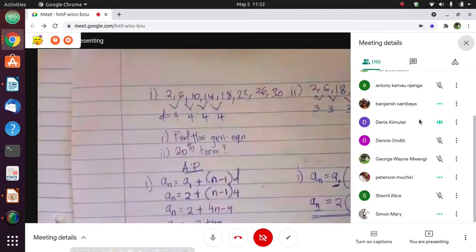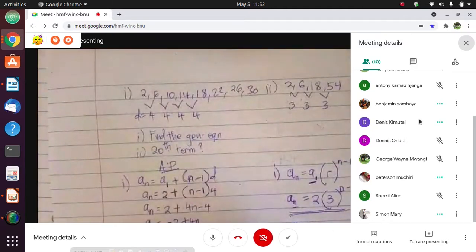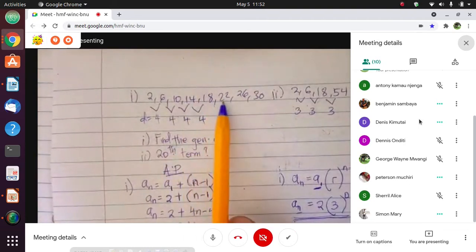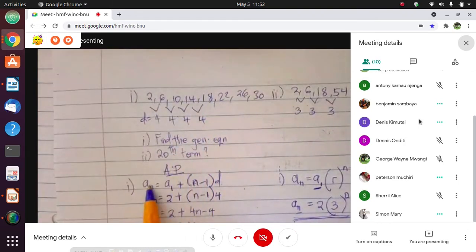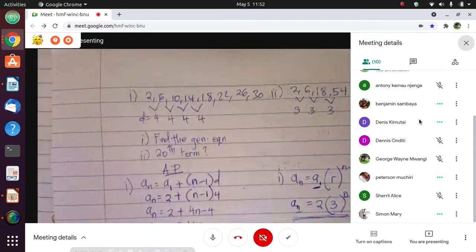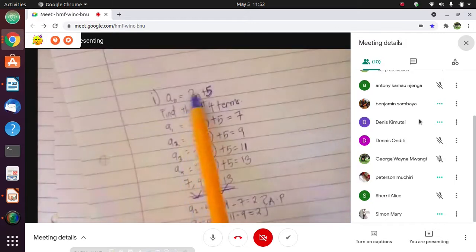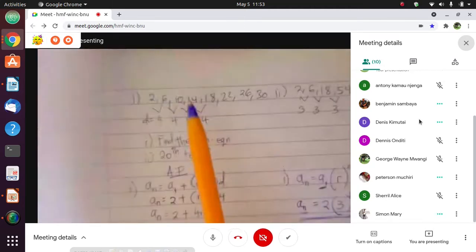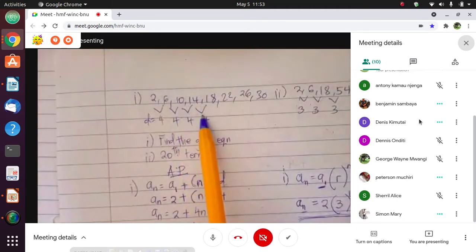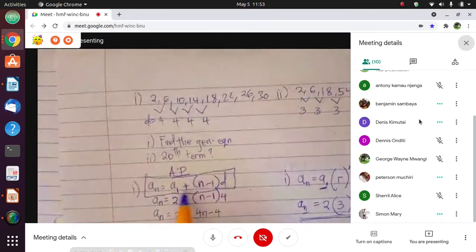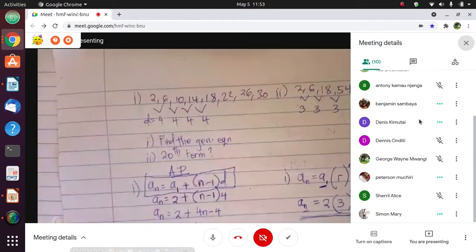It might have 10 terms. You must be able to find the general equation of that sequence. Are you together? The general equation of this sequence is not the same as the general equation of this sequence, but both of them are arithmetic sequences. But the formula we apply for both is here. That is the general equation of an arithmetic sequence.